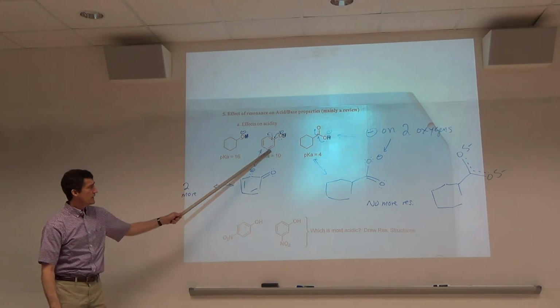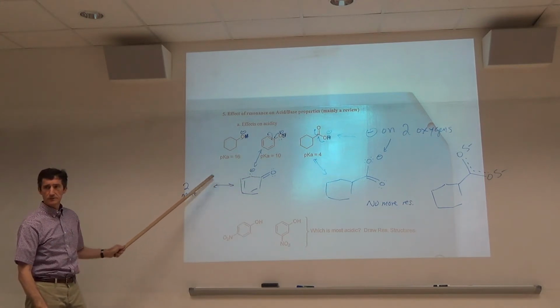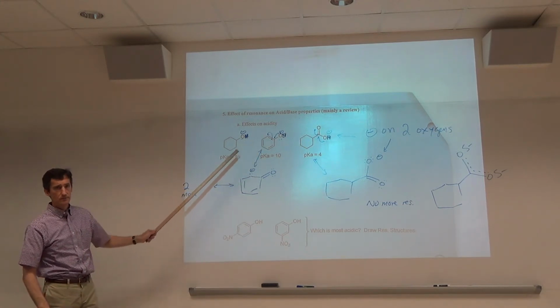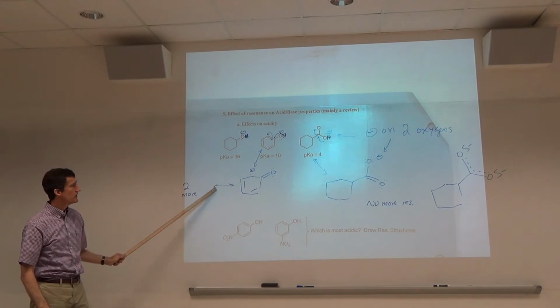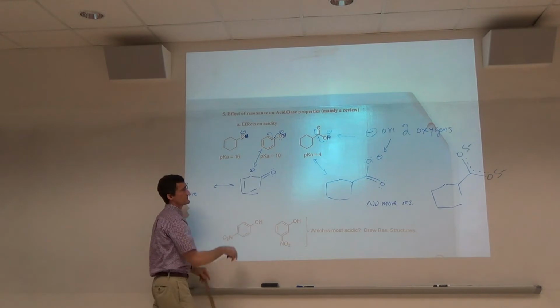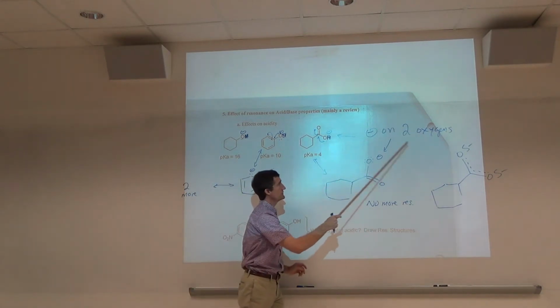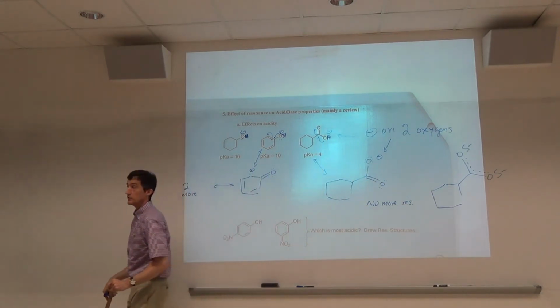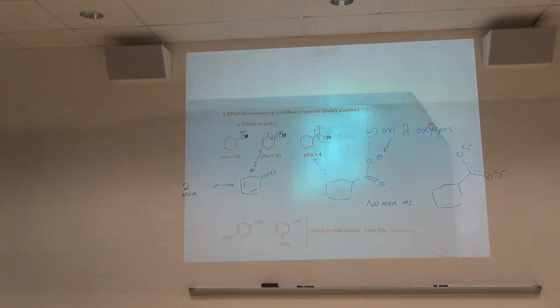Many students think because you can draw more resonance structures, it's more stable and this should be more acidic. Actually, no. This puts minus on carbon. Here, 2 oxygens more acidic, even though less resonance structure, less delocalization.